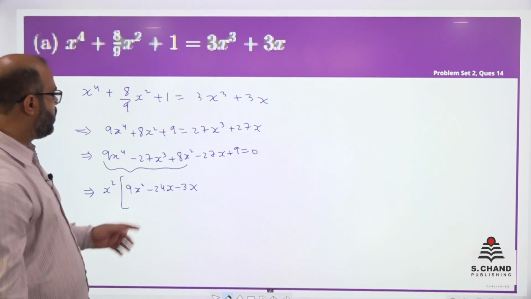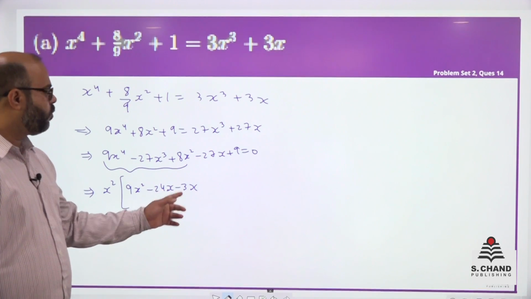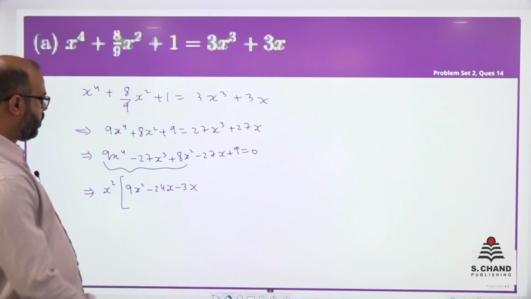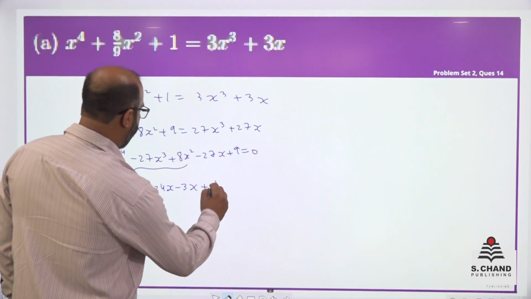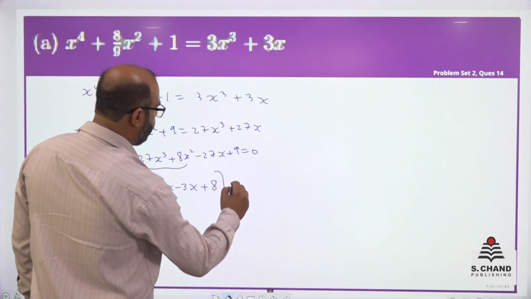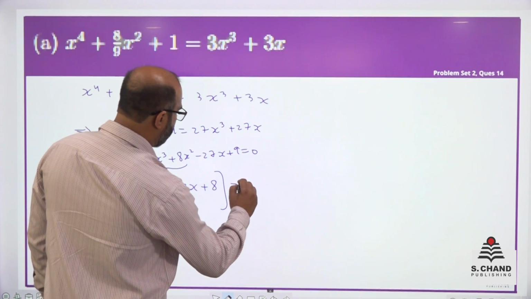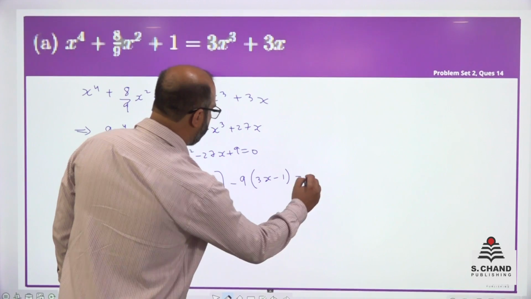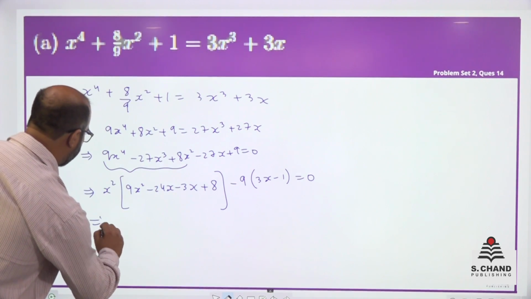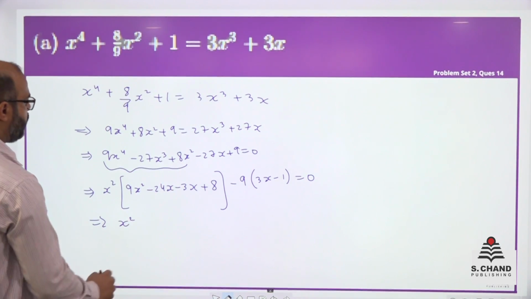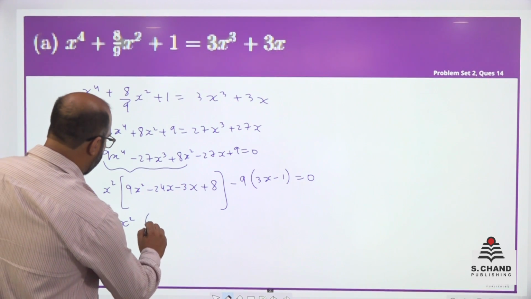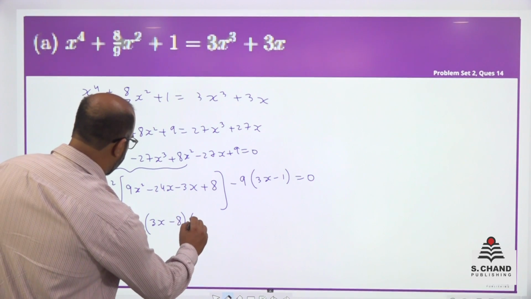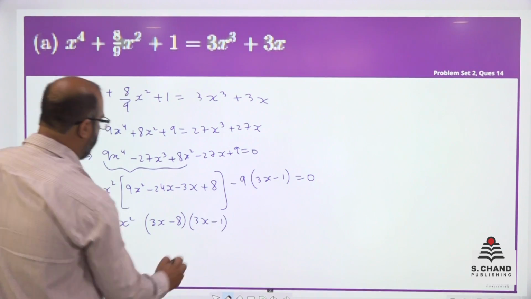Why am I doing this? Because by middle term splitting, 24 into 3 is 72 and 9 into 8 is also 72, plus 8. This I am taking on this side as common, 9 into 3x minus 1 equal to 0. So this will become x square into 3x minus 8 into 3x minus 1 like this.